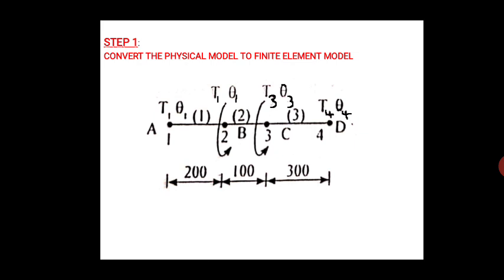These 3 elements have 4 nodes. T1 and theta 1, T1 is the torque at node 1 and T2 at node 2, similarly T3 and T4 at nodes 3 and 4. The torques are applied, that is T2 at node 2 and T3 at node 3. This is your finite element model.